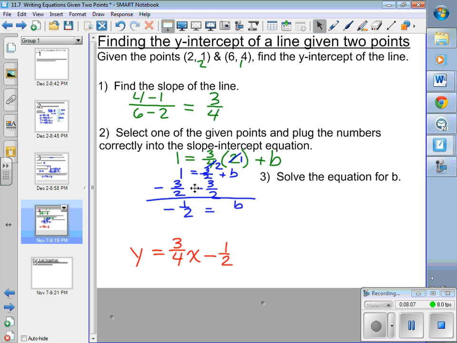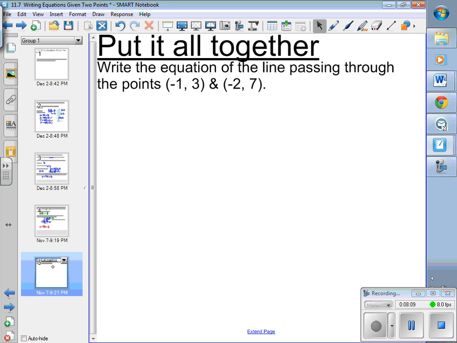All right, moving on. Putting it all together. So now we've got the equation of the line passing through the points -1, 3, and -2, 7. So the first thing we have to do is find our slope.